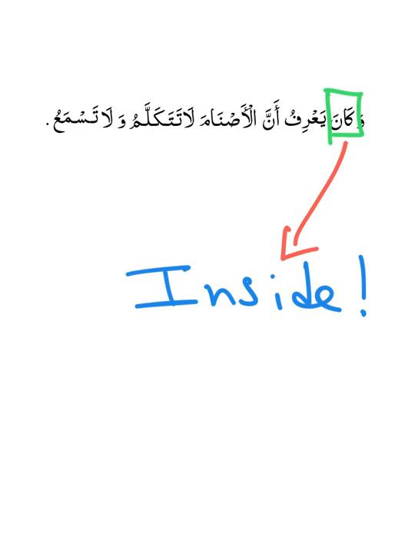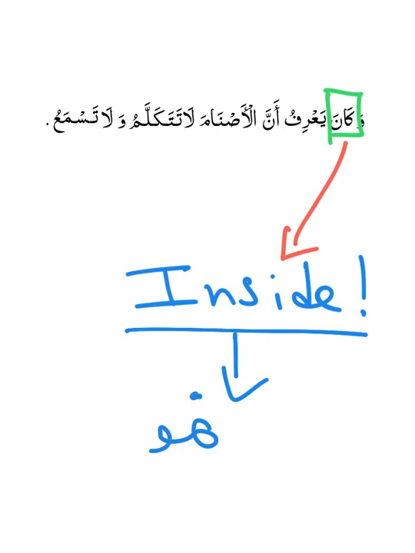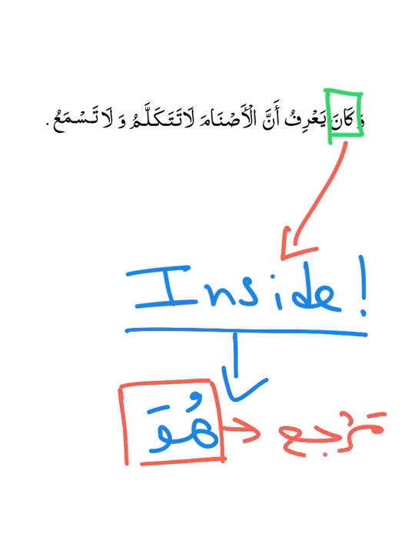So what is inside kana? The pronoun huwa. The other question now arises: whenever you have a pronoun, you must always look for what we term in Arabic as the marja'.